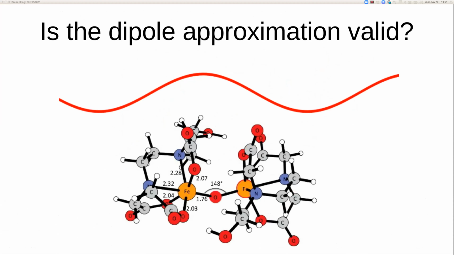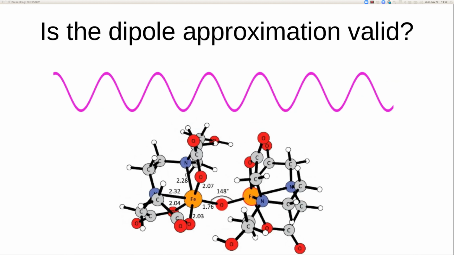In that respect, we assume that the wavelength of the incoming photon is much larger than the molecule. But what happens when we have high energy photons, as we would have when doing X-ray spectroscopy? Is the dipole approximation really something to trust? So we looked at this.